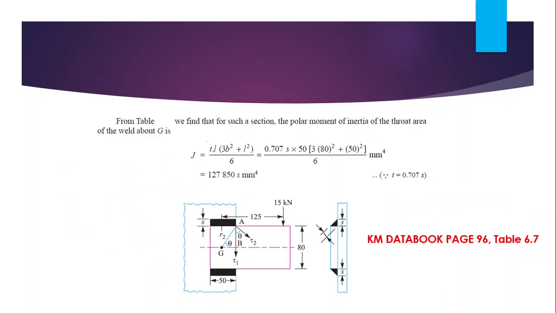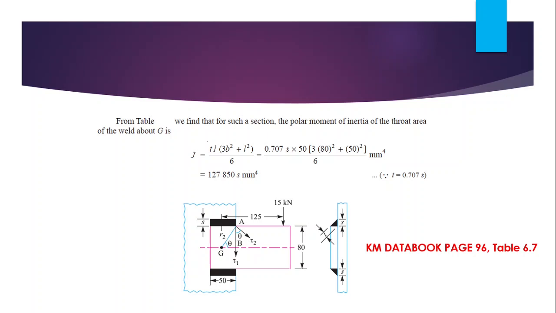Then from the data book, KM data book, page number 96, table 6.7, we can find the polar moment of inertia of the throat area of the weld about G. In that data book on page 96 there is a table listing polar moments of inertia of different types of welding joints.